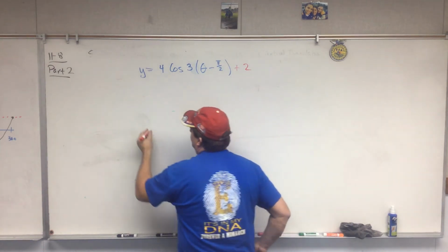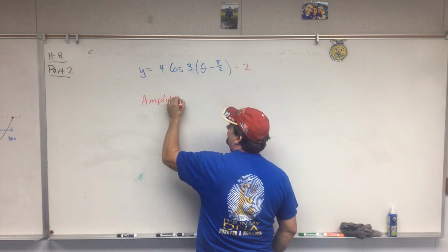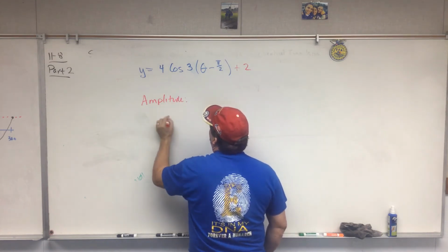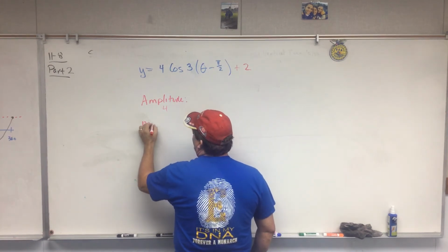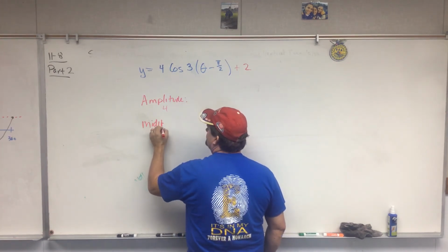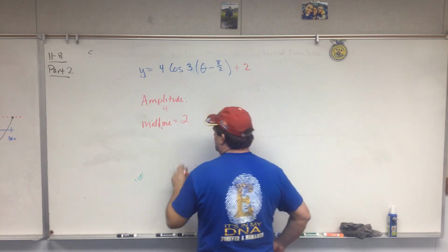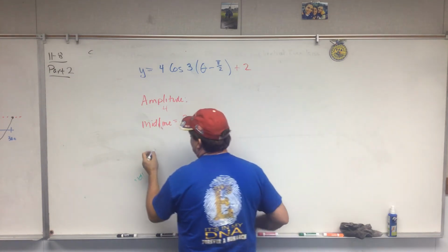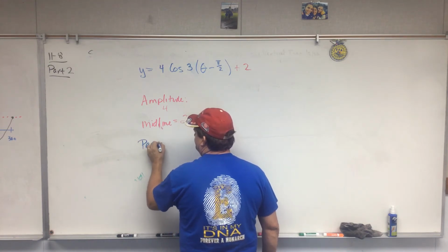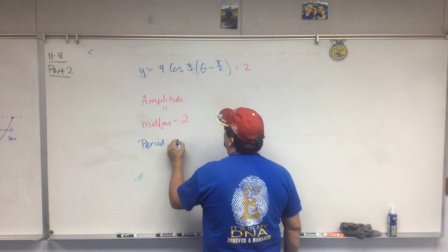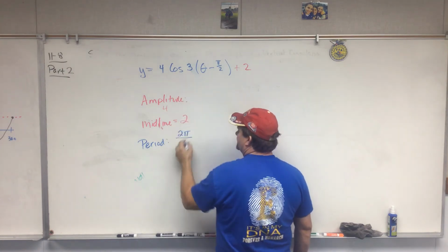All right, so here we go. Our amplitude is equal to 4. I'll do midline right next to it. Midline is equal to 2. Now my x stuff, my period, is going to be 2 pi over b, which is 3.